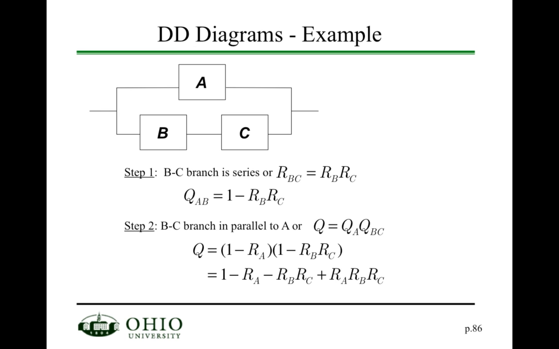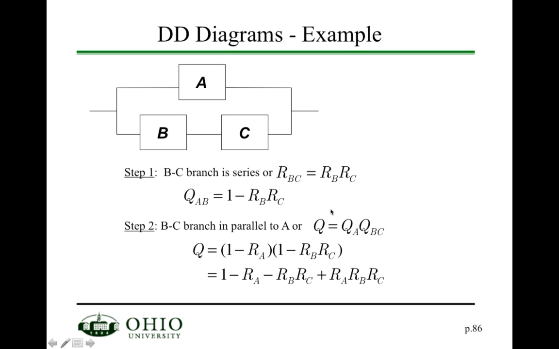Now, if you have more complicated data dependency diagrams like this one, how can I simplify it and find the overall reliability of this system? I can first take the bottom 2 and combine them. They're in series, so the reliability of B and C together is the product of their reliabilities. Now I have a new system on the bottom, BC, and a system on top, A, and these are in parallel.